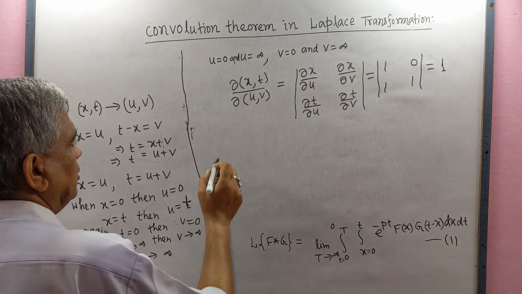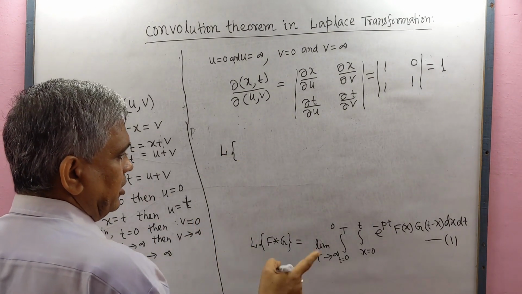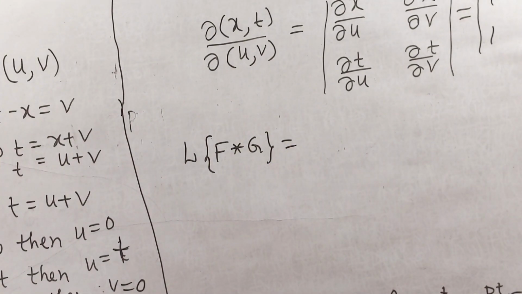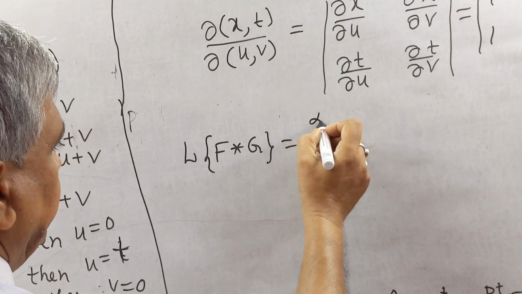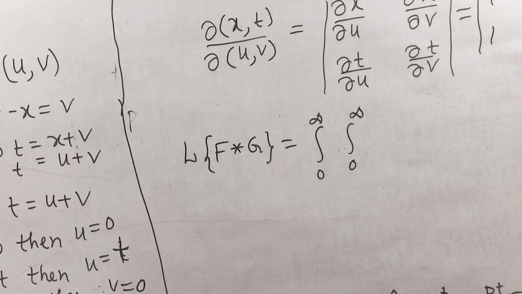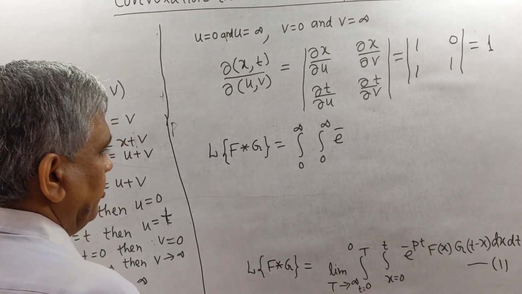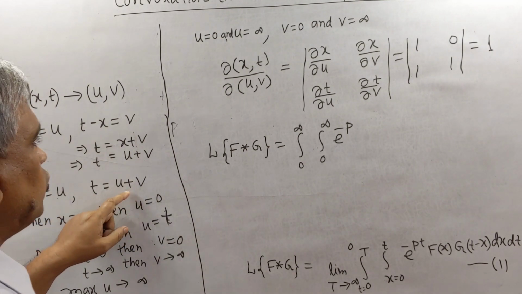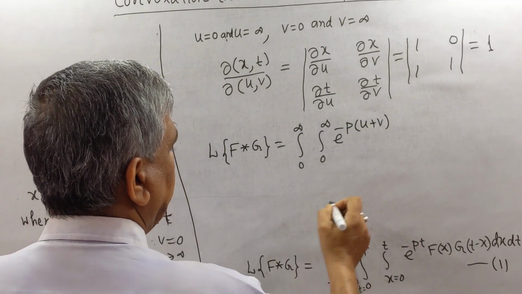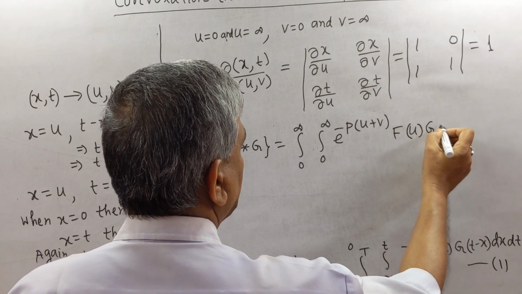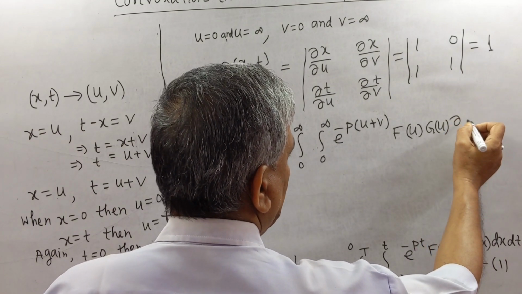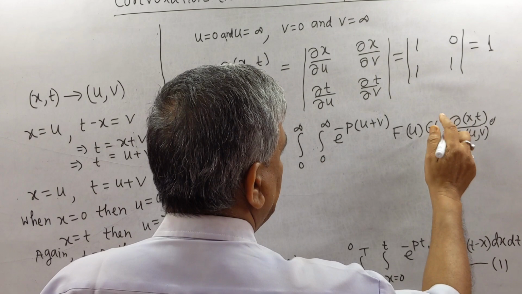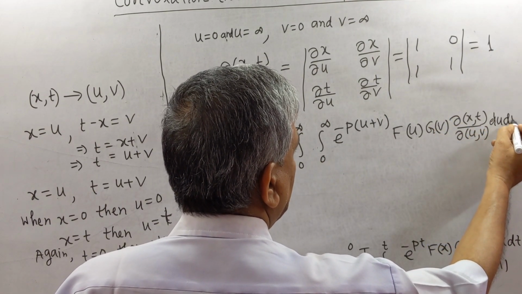So we get, with the new variables, the integration L of f star g equal to the integral from 0 to infinity and 0 to infinity of e to the power minus p, value of t is u plus v, then f u, g v, times the Jacobian del x t by del u v, du dv.